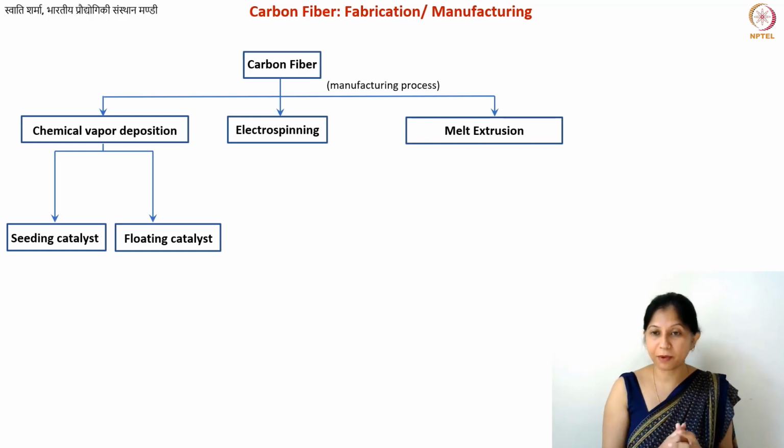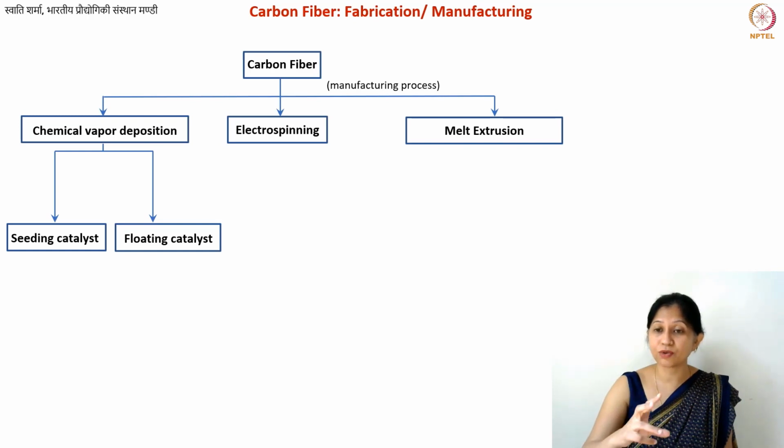For fiber fabrication, in any kind of pyrolytic gaseous hydrocarbon pyrolysis, your catalyst becomes the most important thing. The shape of the catalyst, the size of the catalyst, and how you distribute that catalyst inside your furnace or reactor also become very important. Based on this distribution of the catalyst, you can divide it into two types.